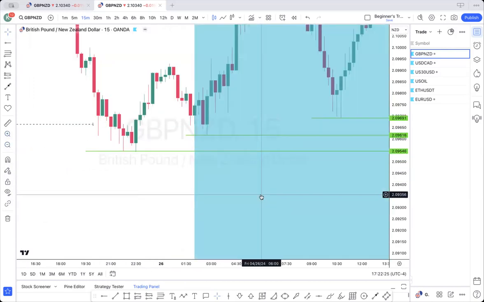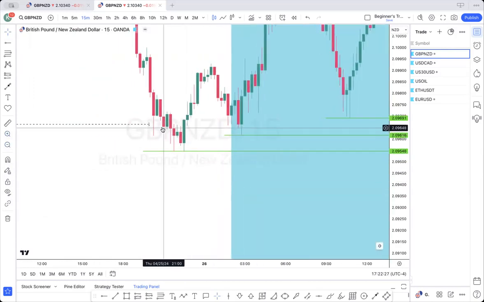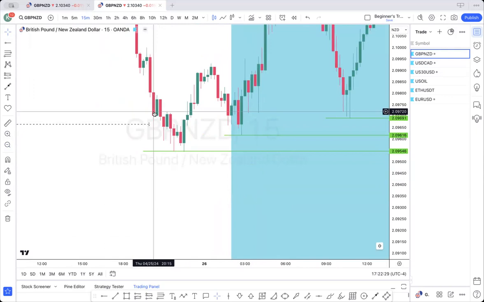Wait a minute, hold on. The initial candle has a wick on it, and you don't consider that one the actual break, right? You consider that next red candle, two, three candles over.